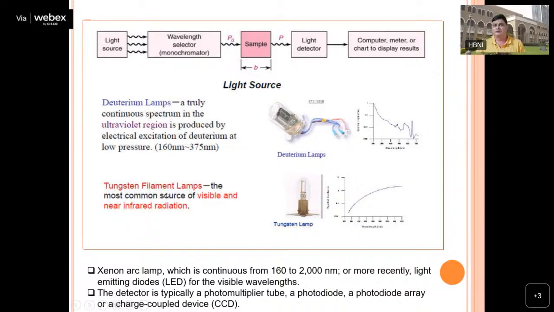Otherwise, we use tungsten lamps. There are also spectrophotometers with a xenon arc lamp, which is continuous from 160 to 2000 nanometers, or more recently, a light emitting diode (LED) as the light source.